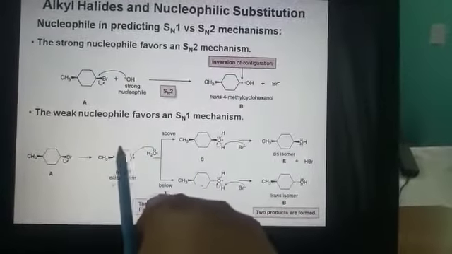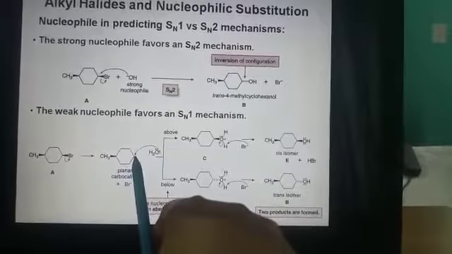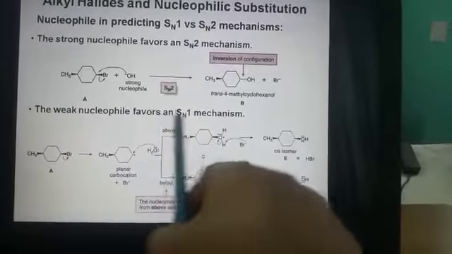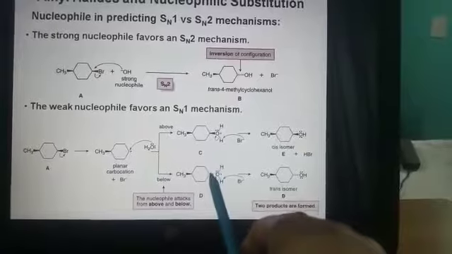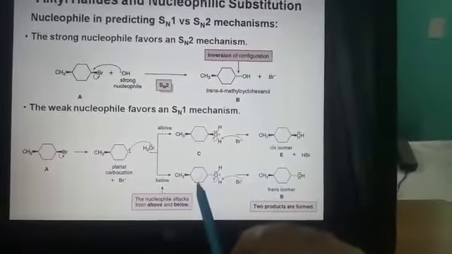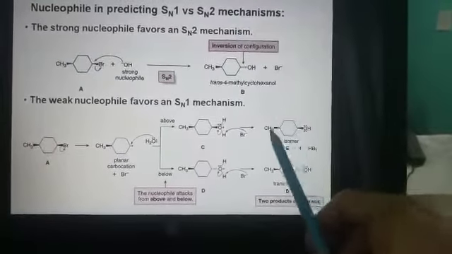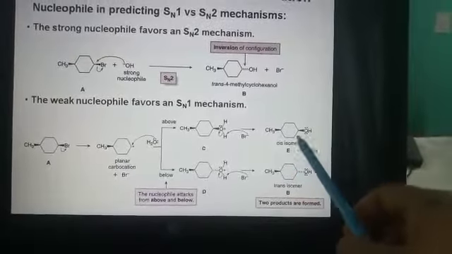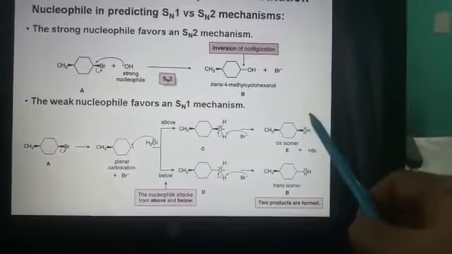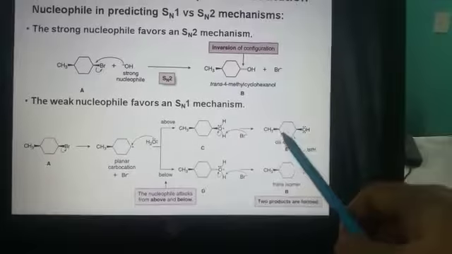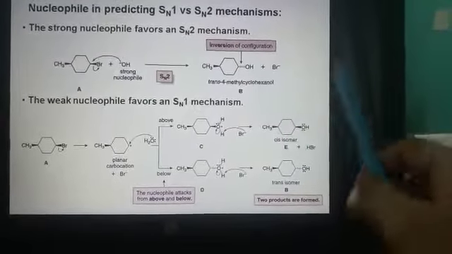It is a planar one. Now water can attack this carbocation from either side, from the lower side or from the upper side, forming cis and trans isomers. So in this case we will get a racemized product.